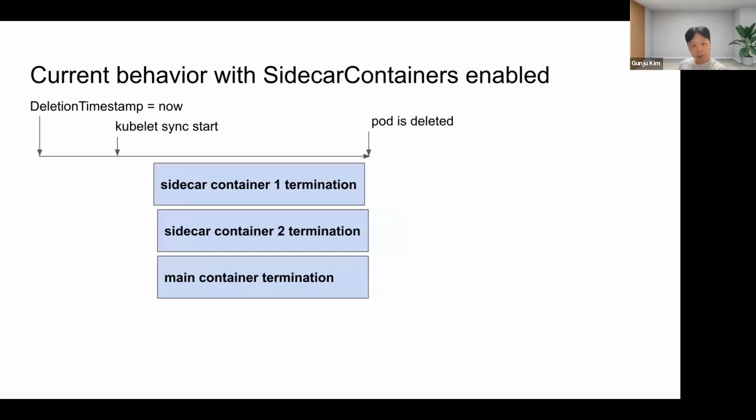So the current behavior, with the sidecar containers feature gate enabled, will terminate all containers in parallel, and each container can have its own termination period.